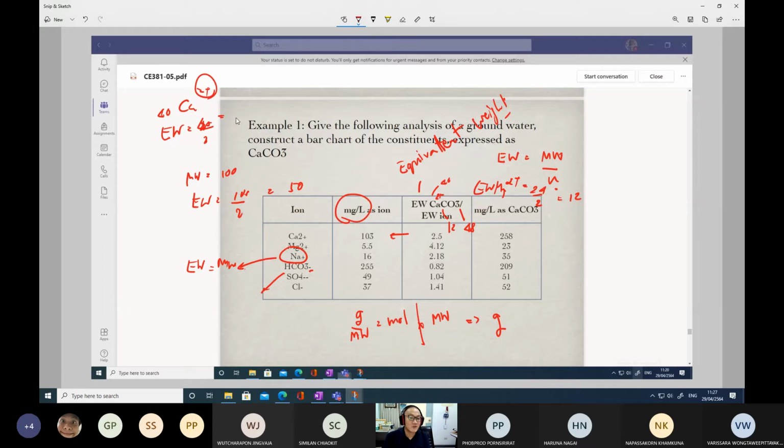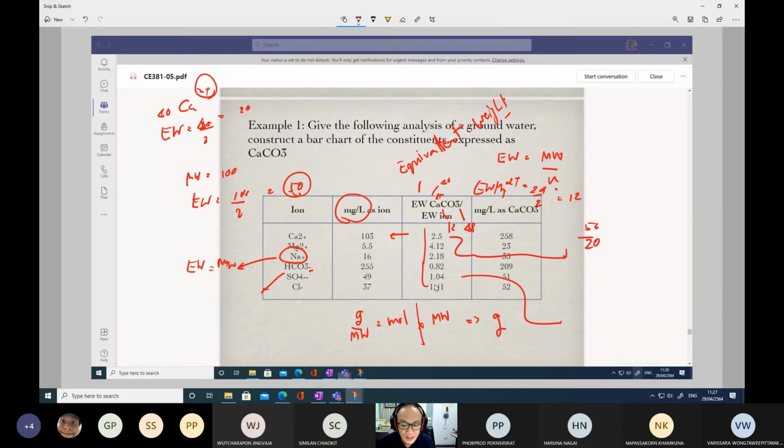So equivalent weight of calcium becomes 20. So if you take 50 divided by 20, where 50 comes from the equivalent weight of the calcium carbonate, all this you can also find out.